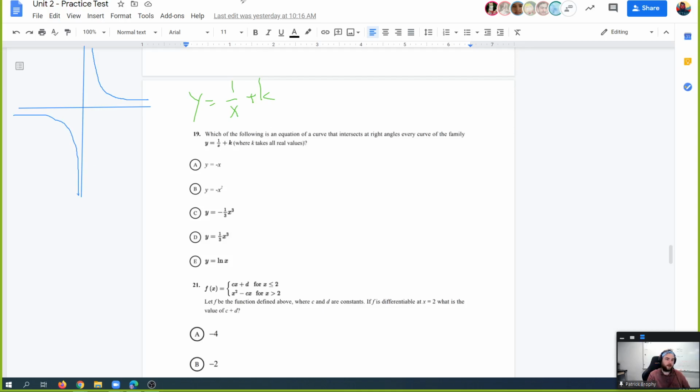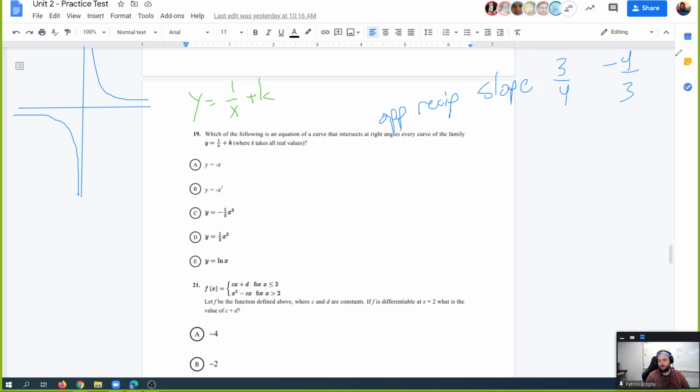To intersect at right angles, you're looking at the opposite reciprocal slope. You guys remember this a little bit? Ever heard of this, or like the normal? I think it's the normal they call it sometimes. So if the slope was like 3/4, the opposite reciprocal would be -4/3.